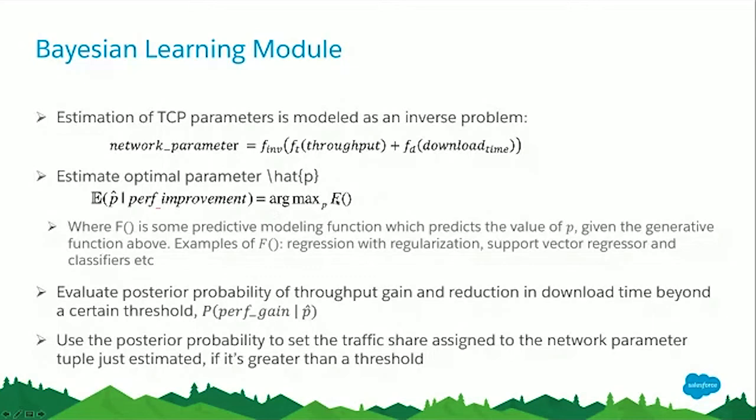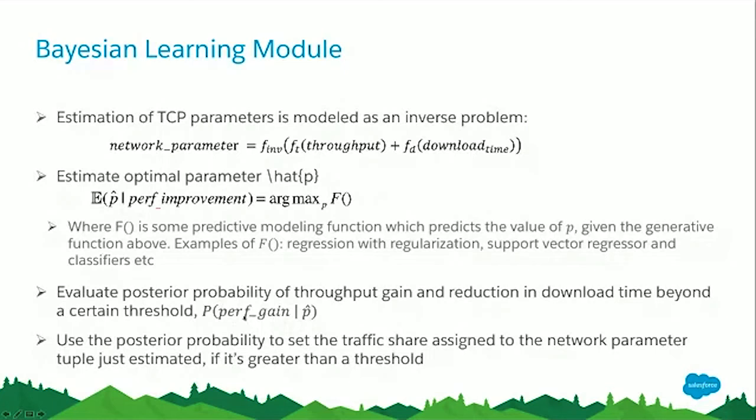And this is any predictive modeling loss function, which could be a regression, support vector regressor, etc., or a classifier. So this in effect is finding the best parameter which optimizes some loss function, and then we calculate the posteriori probability of throughput gain and reduction, and we evaluate this parameter. There's a posteriori probability that given this optimal network parameter, we are having a performance gain.